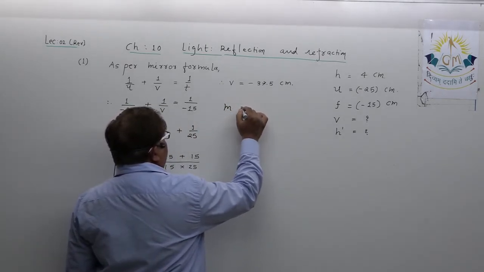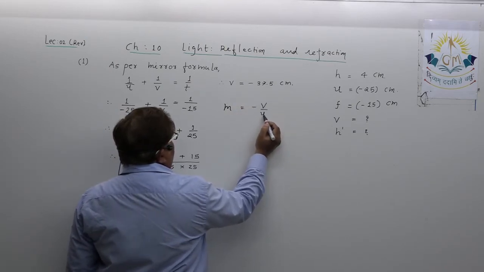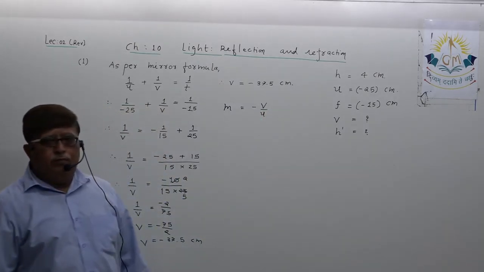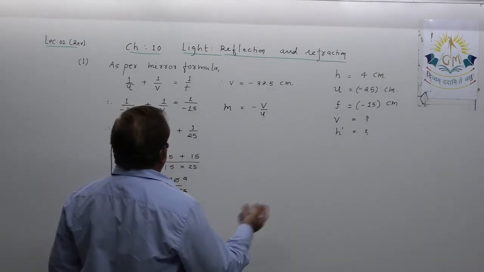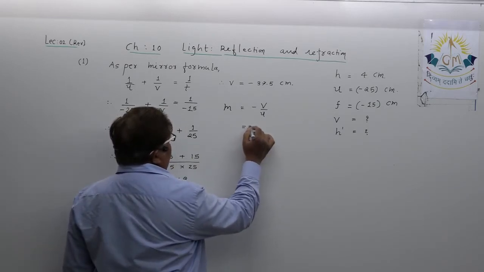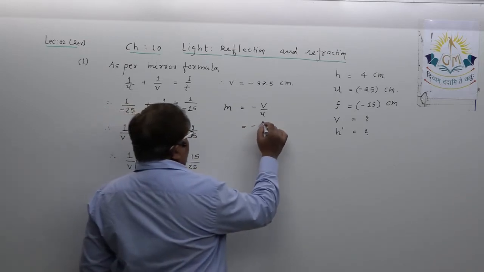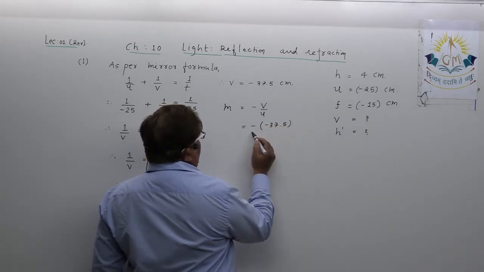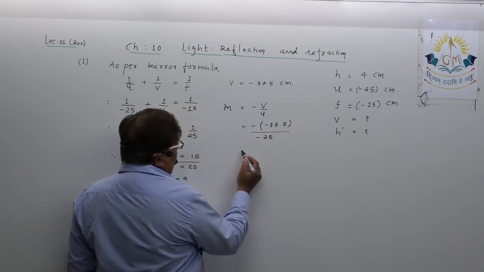Let us find it. What is the formula of magnification? You remember, minus v upon u. This formula of magnification you know very well. Just let us substitute the value. Minus 37.5 upon u, that is minus 25.